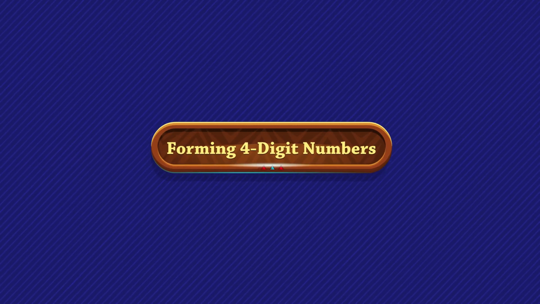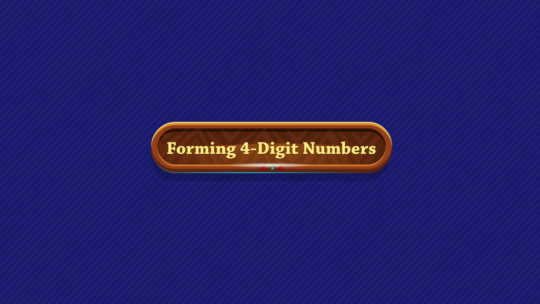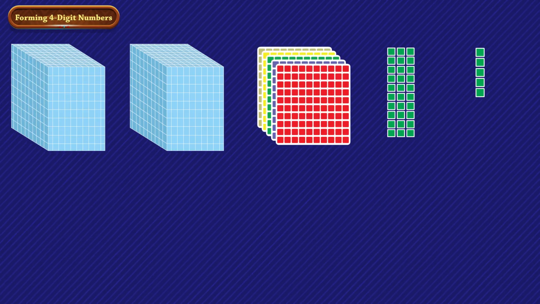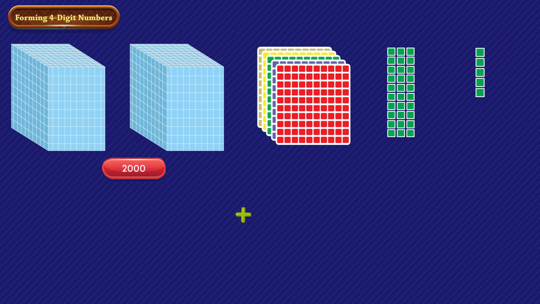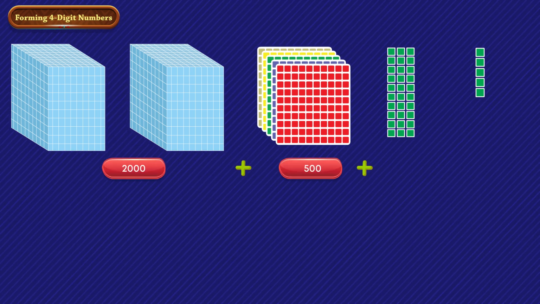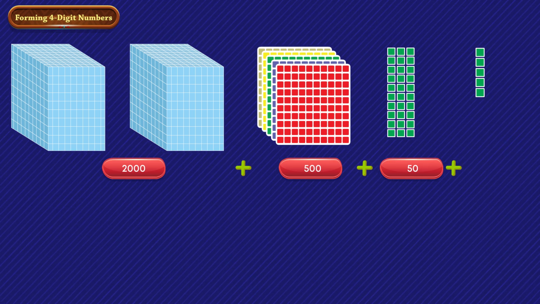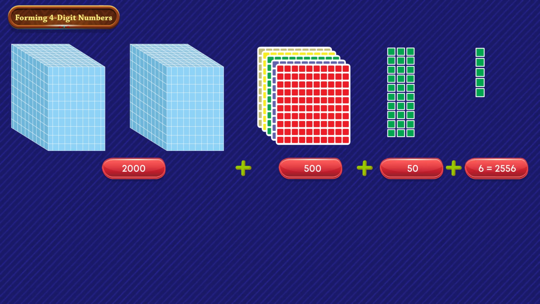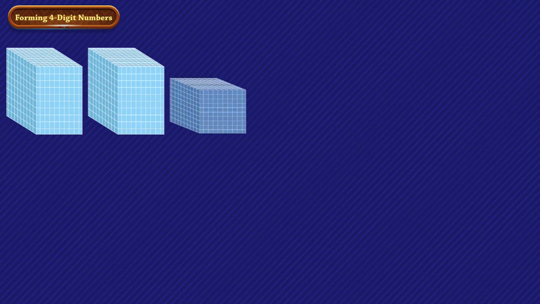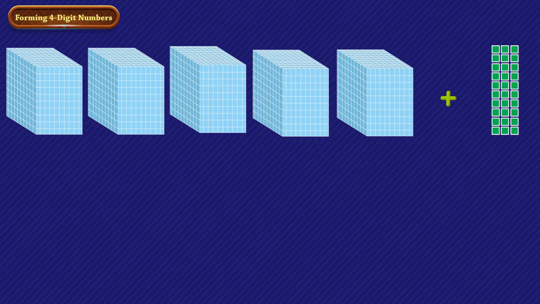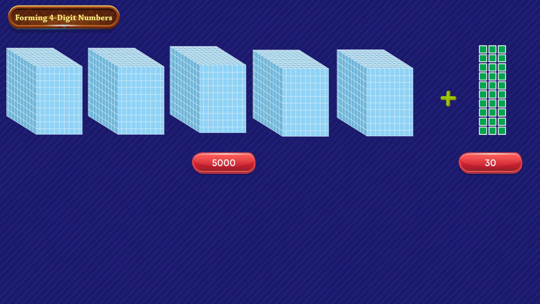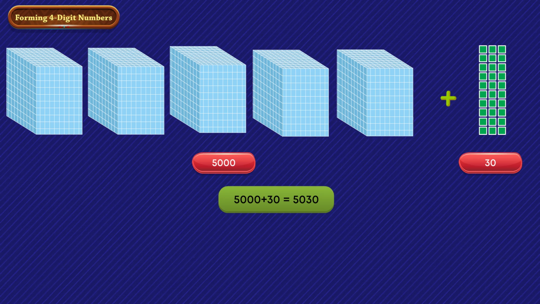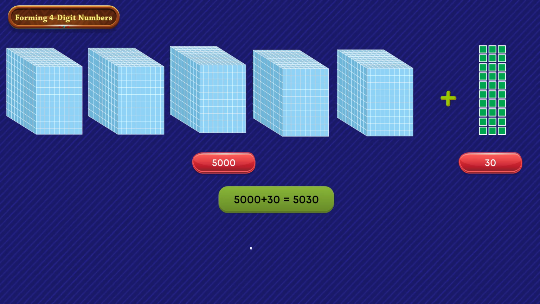Forming 4-digit numbers. 2000 plus 500 plus 50 plus 6 is equal to 2556. 5000 plus 30 is equal to 5030.